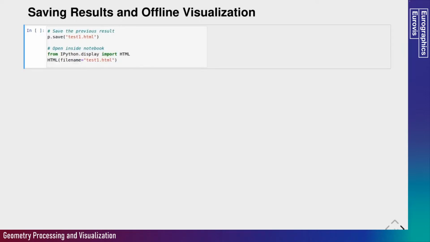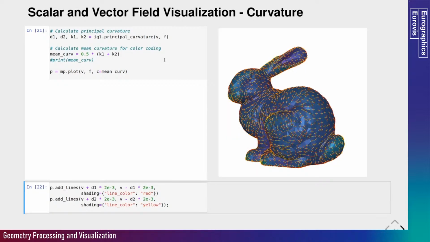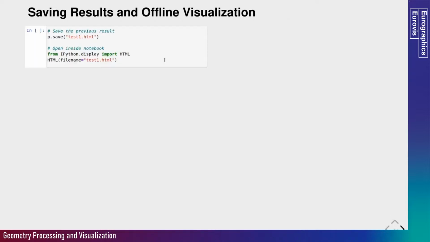So now that you have learned how to load geometry and visualize it, you might also want to save the visualized results into a file, and this is also possible with Meshplot. Here in P we still have the last plot. If you remember, this was the bunny with the principal curvatures visualized, and now we can just call the save function on this plot and give it a file name, in this case test1.html.